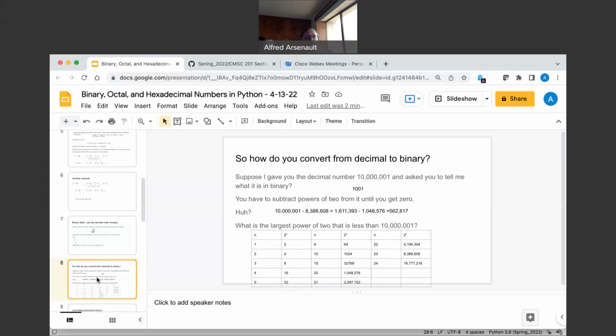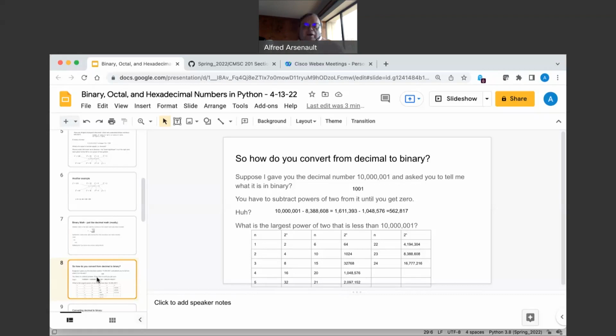So in that case where I had 10,000,001 base 10, and I ask you to tell me what it is in binary, what you have to do to figure out how much it is in binary, if you did it on your own, is figure out the powers of 2 and you subtract until you get 0.